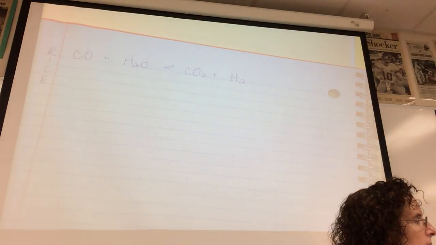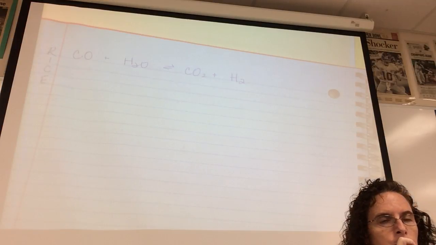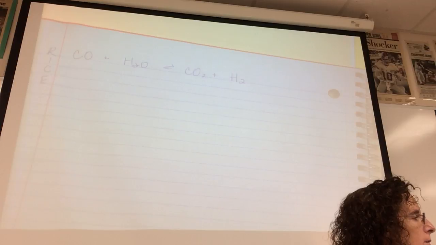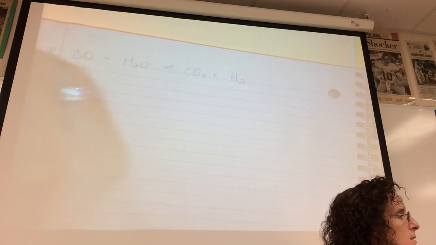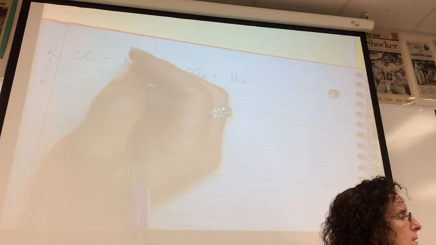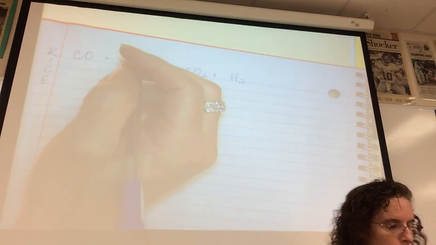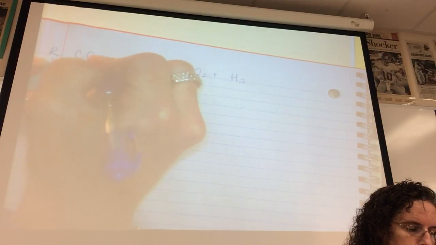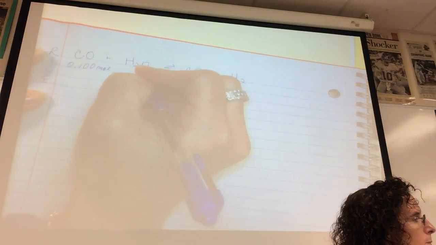Now, is delta N of the gas 0? Yes. So we can do the problem in moles. And since moles are given and moles are asked for, let's do it. It says begin with. Where does 0.100 mole go? In the initial, right? And water?